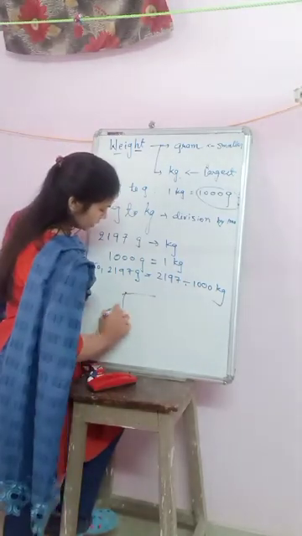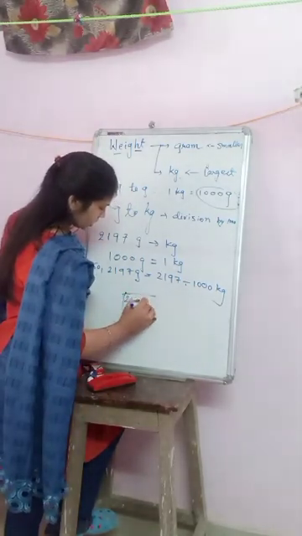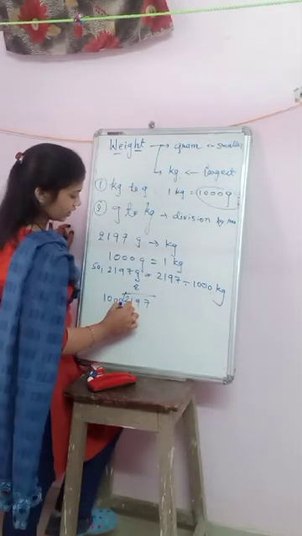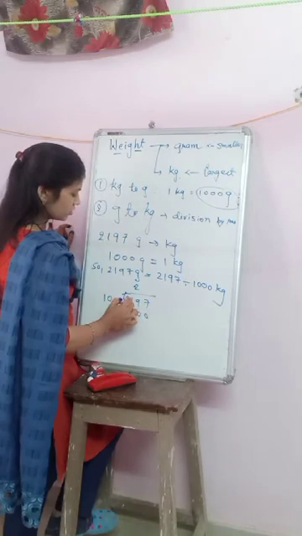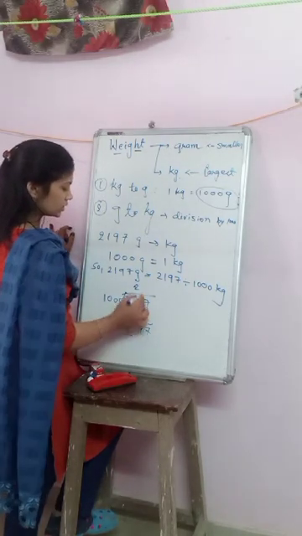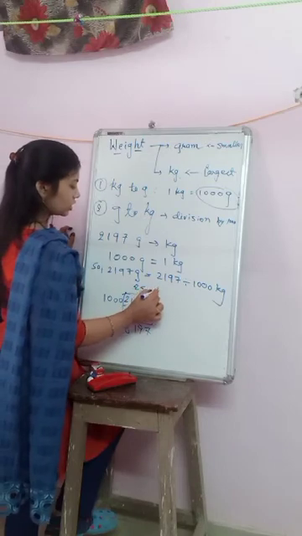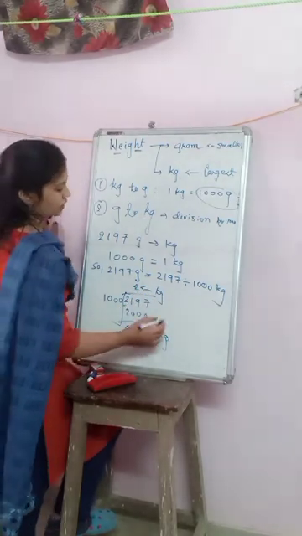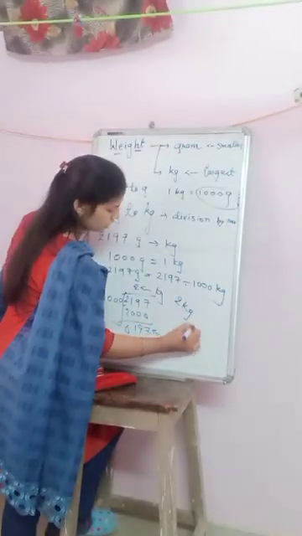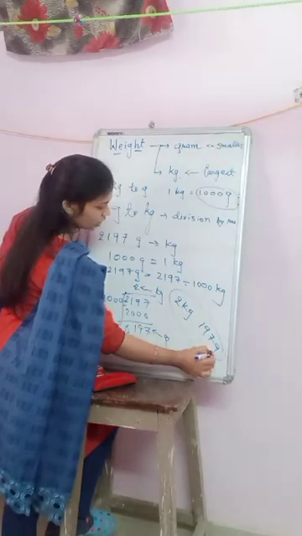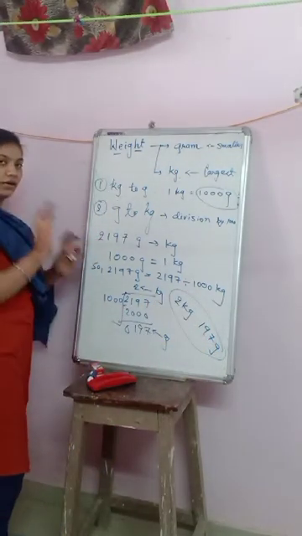So we are doing a division. 2197 by 1000. 1000 twos are 2000. This is the kilogram and this is the gram. So the answer is 2 kilogram 197 gram.